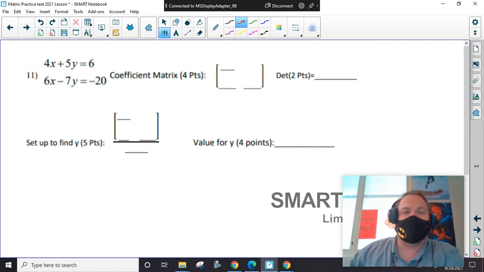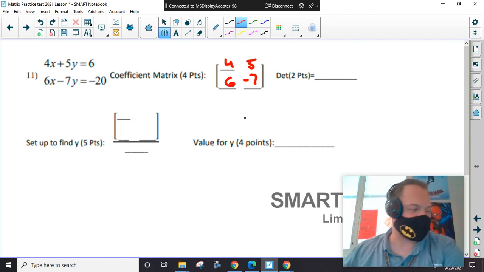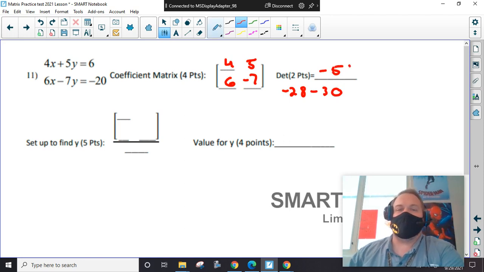Shh. Okay, so what is the coefficient matrix? Make sure that's -7. Okay, so this would be -28 minus 30, which is -58.